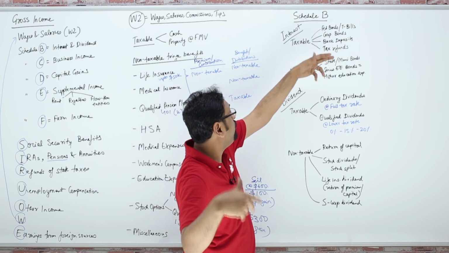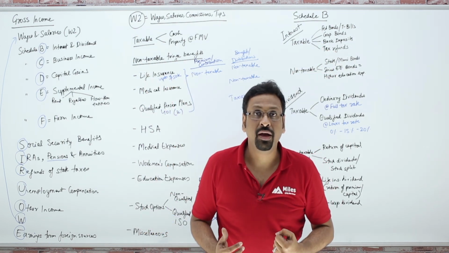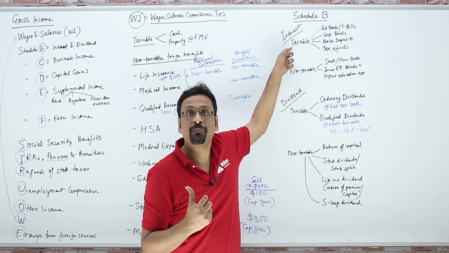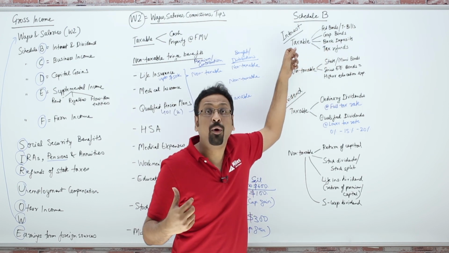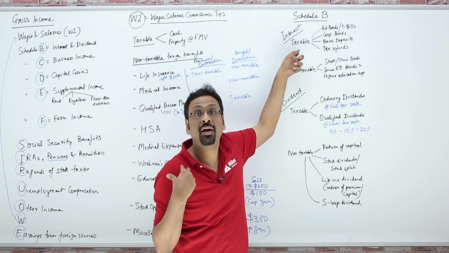If you have invested in bonds issued by corporations and you get interest income, that's taxable. If you have bank deposits and you get interest income out of that, it's taxable.